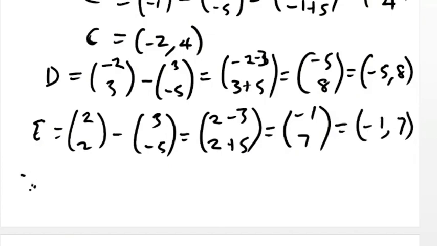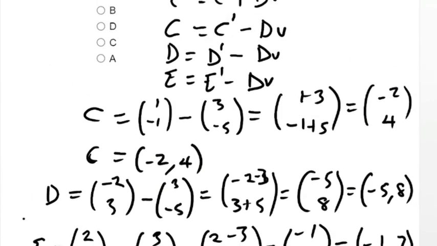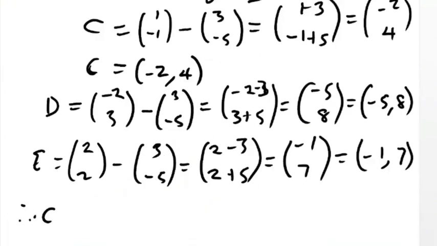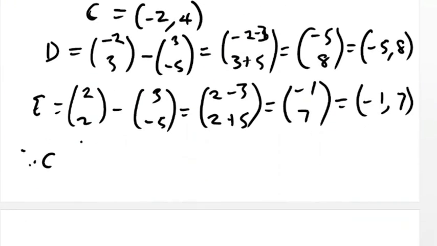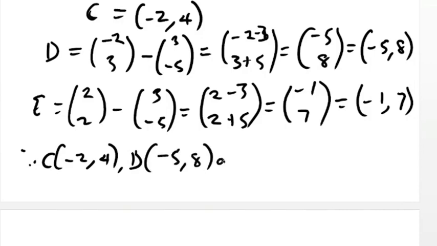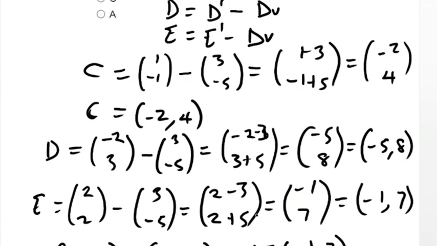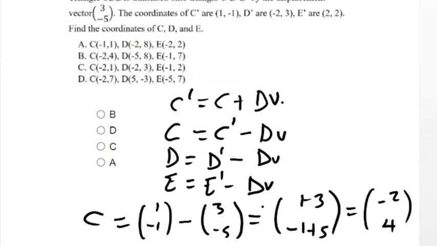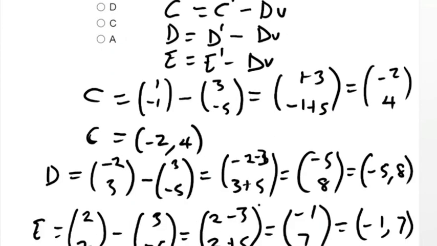Therefore, C is of coordinate -2, comma 4, D is of coordinate -5, comma 8, and E is of coordinate -1, comma 7.